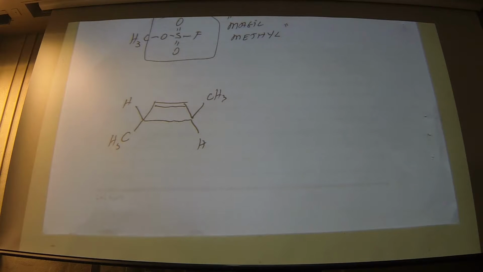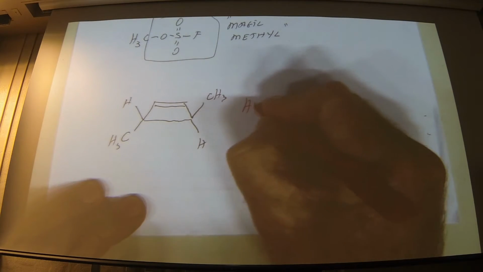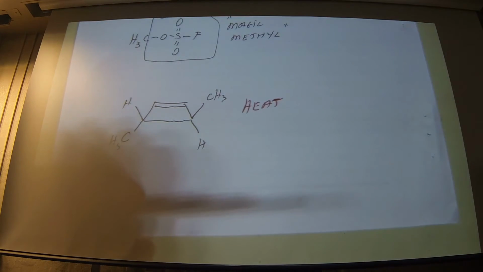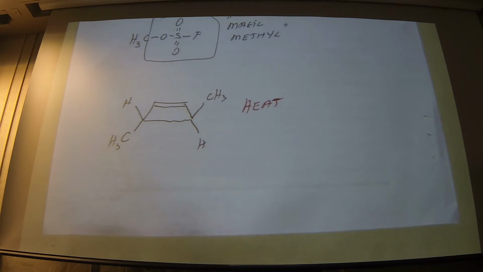And now the cyclobutene is, as I said, strained, right? So if you heat this up, it shouldn't come as too big a surprise that the ring opens to relieve strain. And so if I just take this compound and heat it, and I don't have to heat it very hot, I forget what it is, but 100 degrees or less will do it, I'm pretty sure.